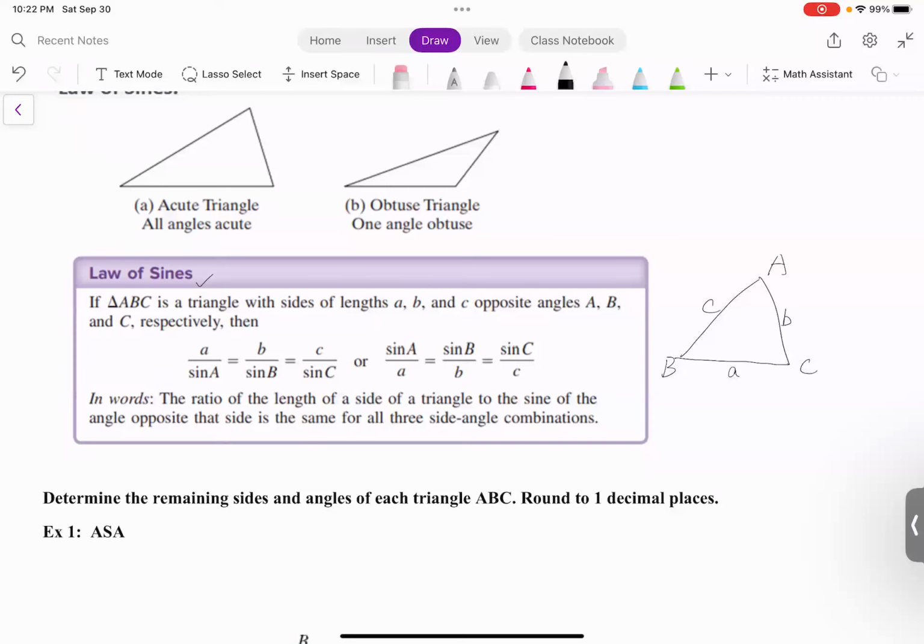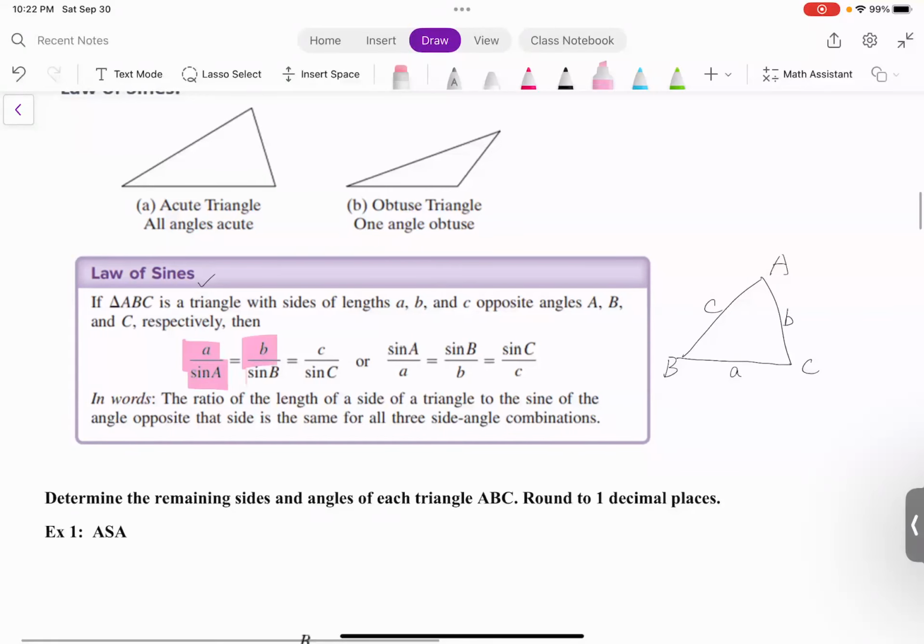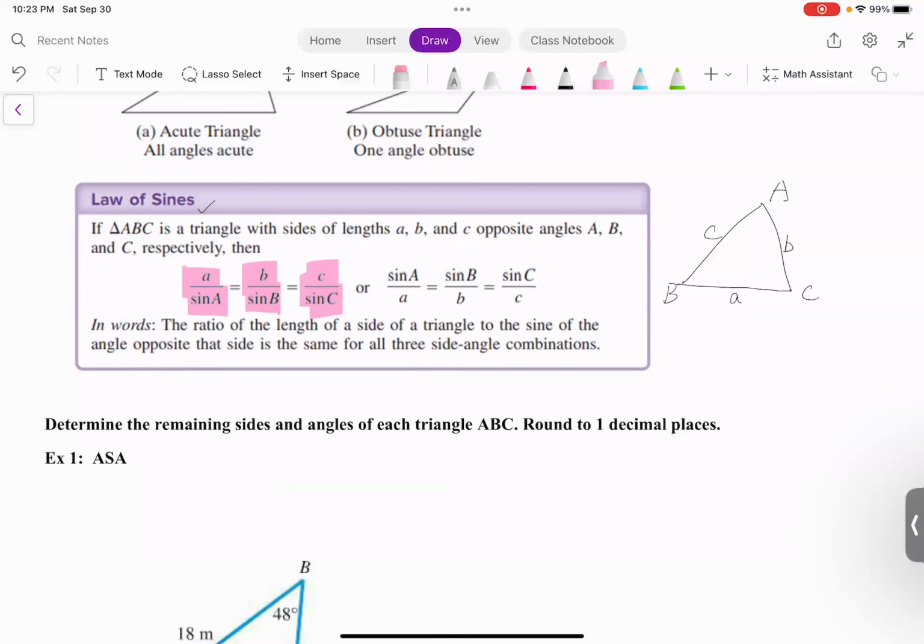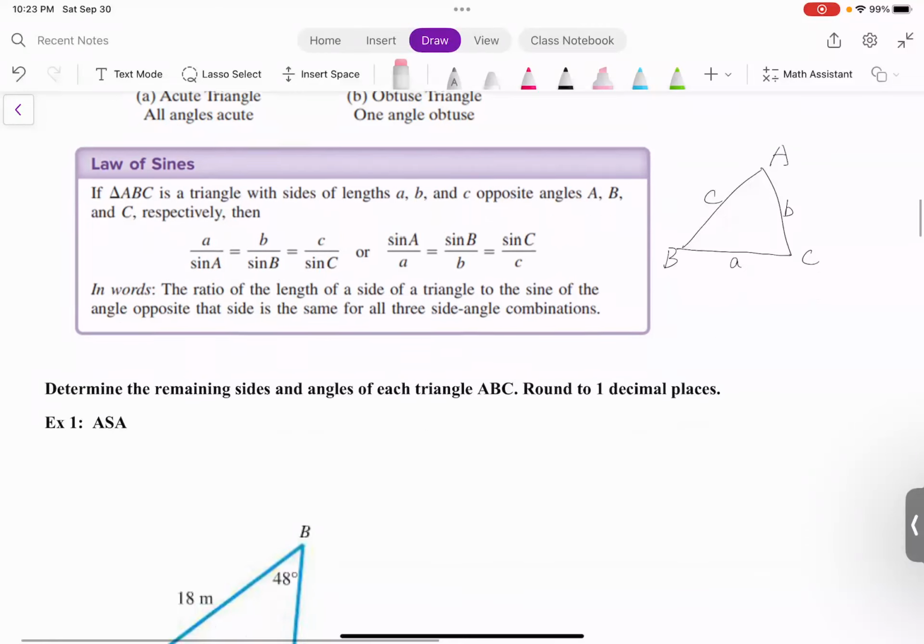The relationship between the angles and the side lengths is a over sine A equals b over sine B equals c over sine C, or their reciprocals: sine A over a equals sine B over b equals sine C over c. So we can use the law of sines to solve the triangle.